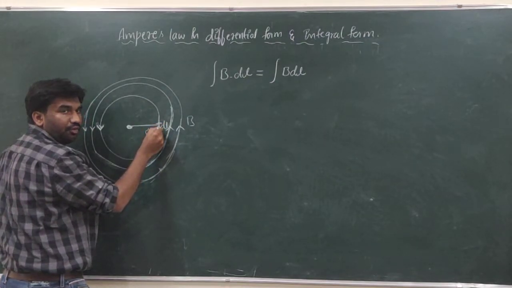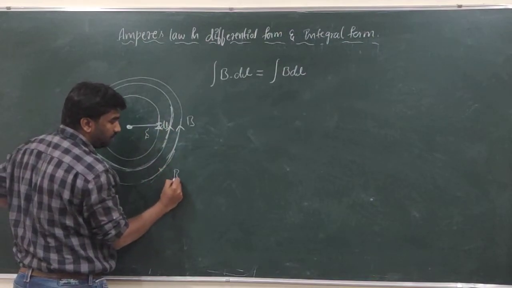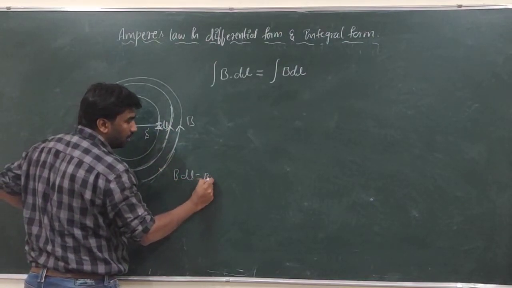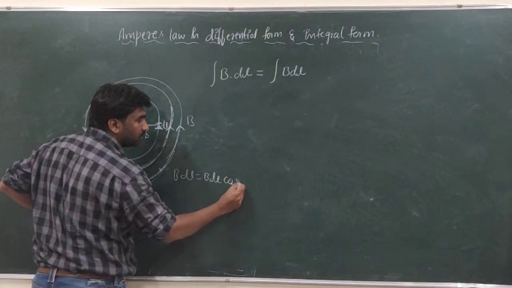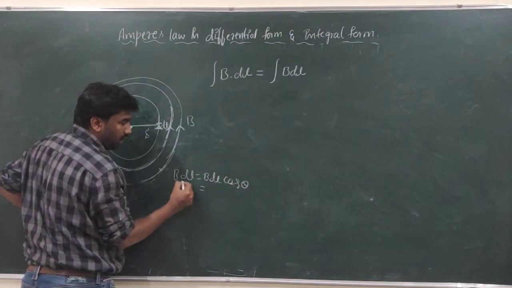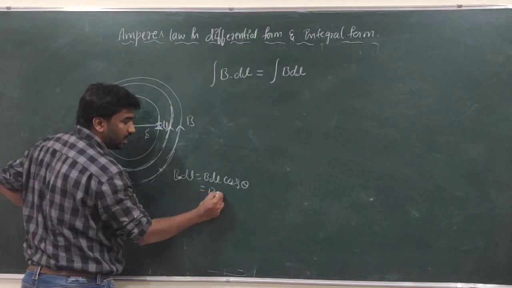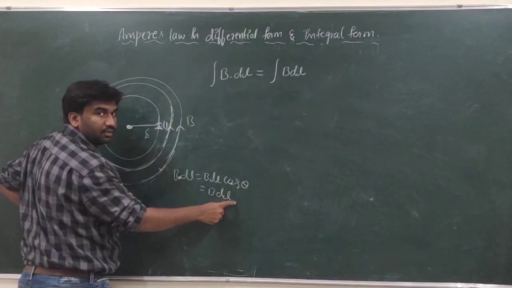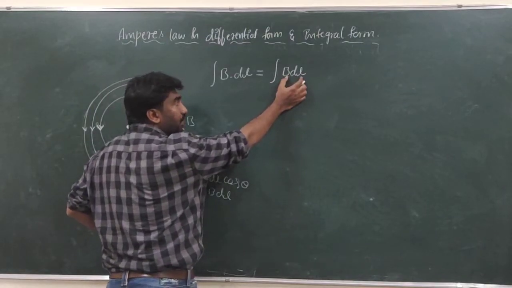They form angle 0. The dot product gives B dl cos theta, the angle between B and dl is 0, and cos 0 is 1, so we can write this as B dl.